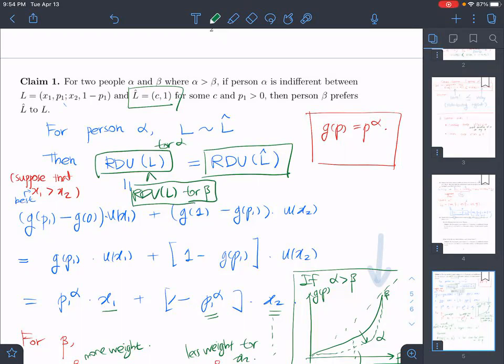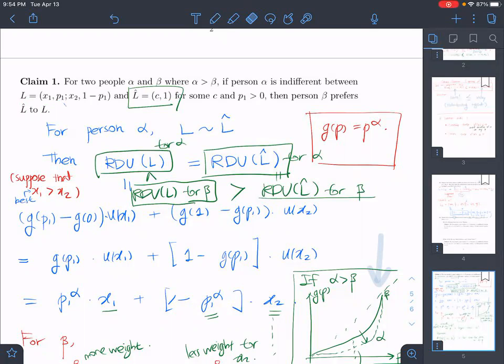And for the guy beta, RDU of L hat is the same as RDU for alpha, so they evaluate certainties the same. Then RDU for beta should be greater than RDU of L hat. It should be the other way around. So L should be preferred to L hat. That's a small mistake here.